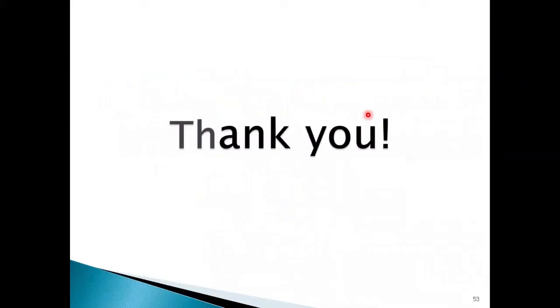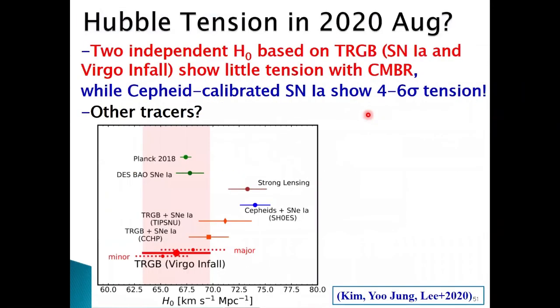This feature has been reported in the H0LiCOW experiment, and we have also seen a similar feature from low redshift data in cosmological settings. Could it be related to the differences at 2 sigma level that you're reporting?